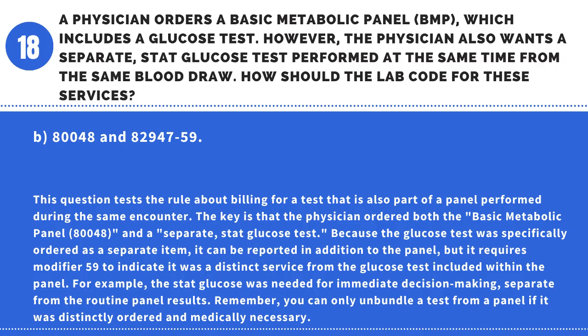Because the glucose test was specifically ordered as a separate item, it can be reported in addition to the panel, but it requires modifier 59 to indicate it was a distinct service from the glucose test included within the panel. For example, the stat glucose was needed for immediate decision-making, separate from the routine panel results. Remember, you can only unbundle a test from a panel if it was distinctly ordered and medically necessary.